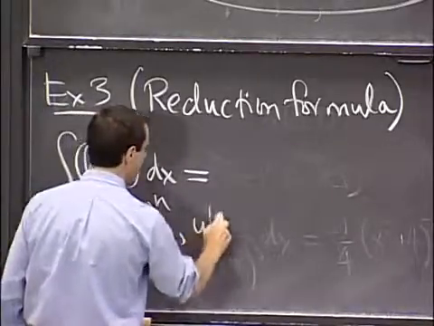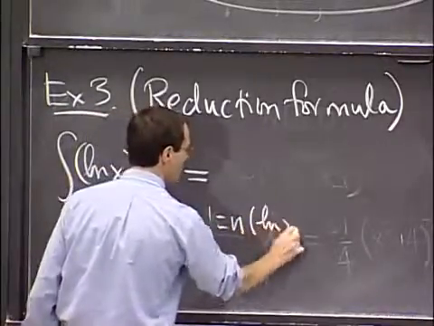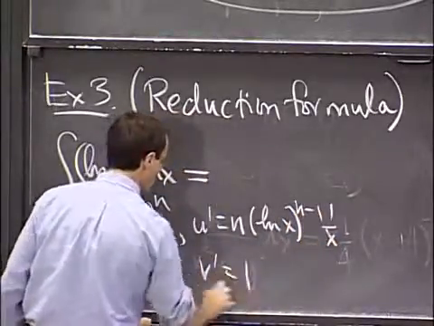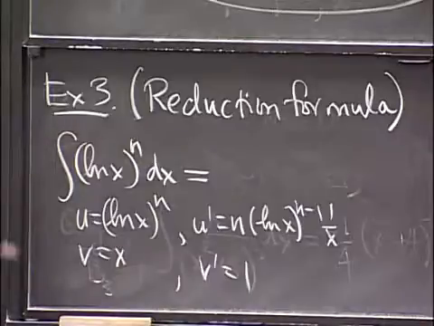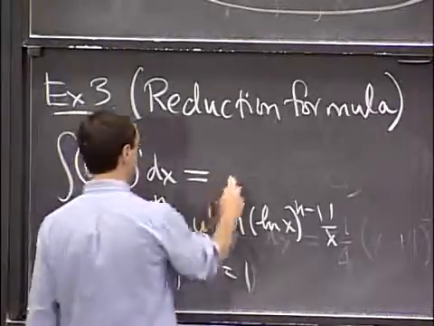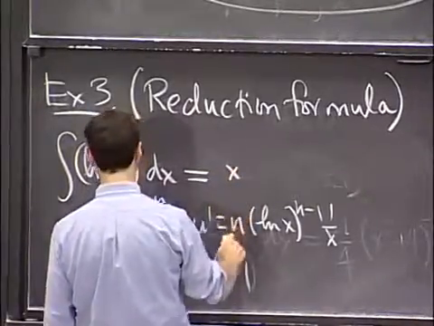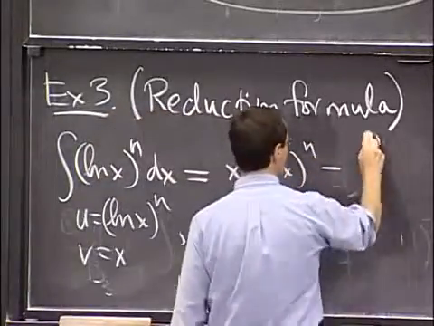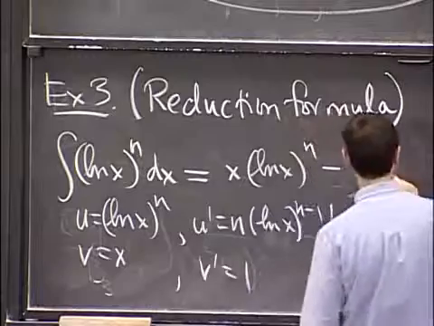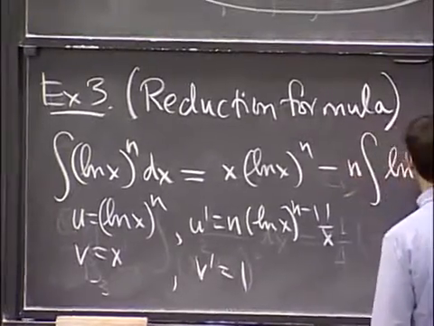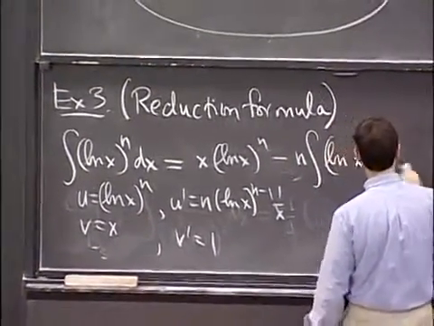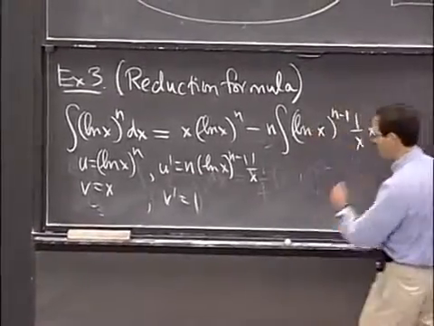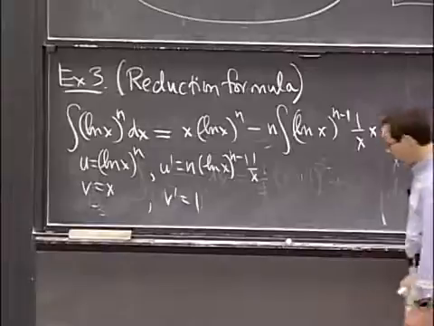And then u prime is n times log x to the n minus 1 times 1 over x. And v prime is 1. And so the setup is similar. We have here x times log x to the nth power minus the integral, and there's n times log x to the n minus 1. And then there's a 1 over x and an x which cancel. All right?